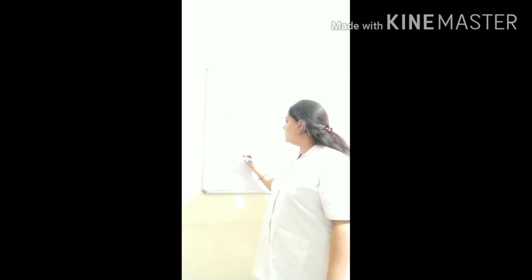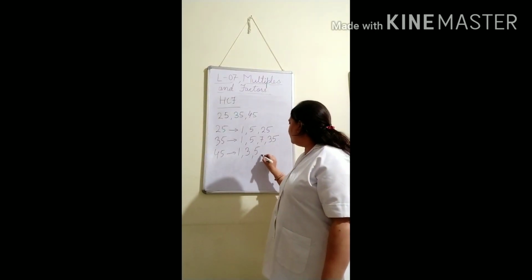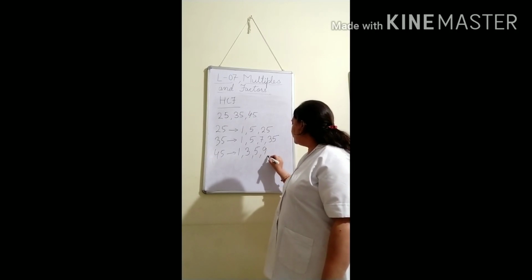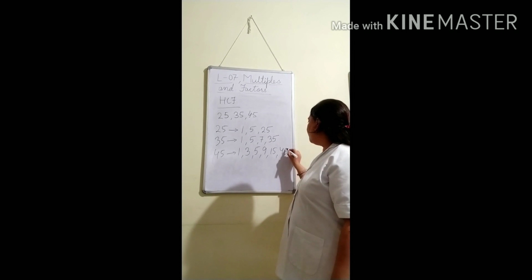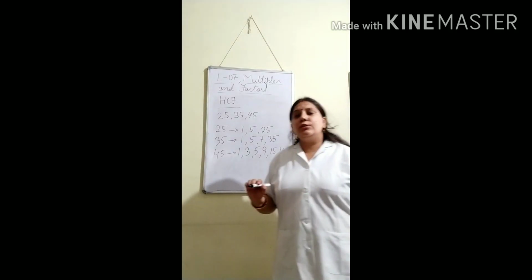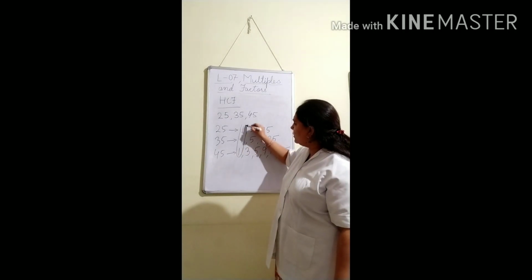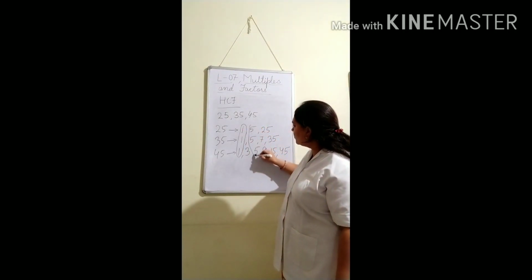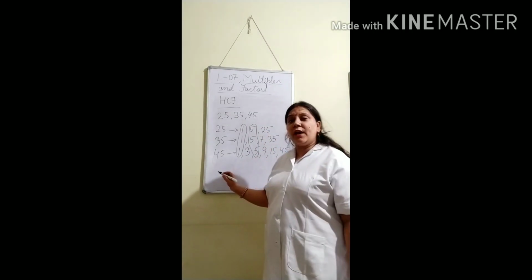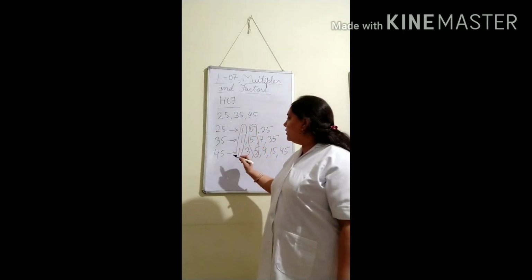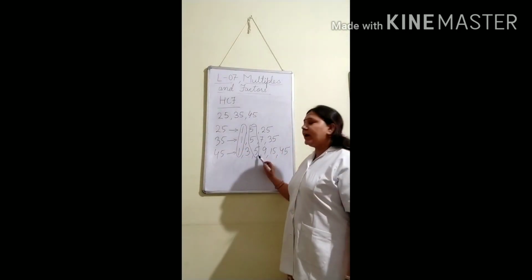Now see the factors of 45. It is 1, 3, 5, 9, 15 and 45. Now see the common factors among them. The common are 1 and 5 here. So the common factors of 25, 35 and 45 are 1 and 5.